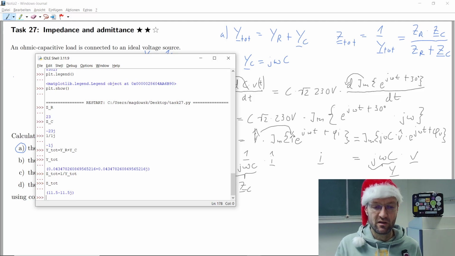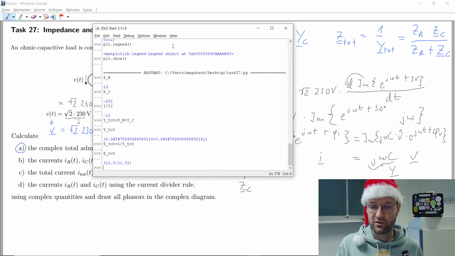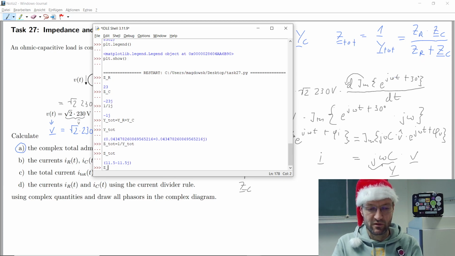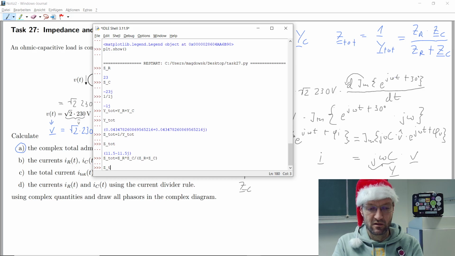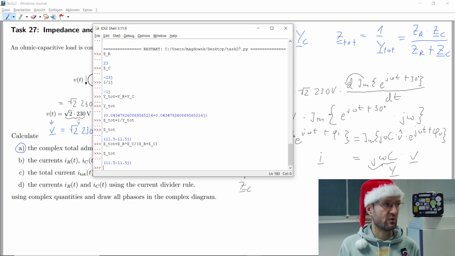And then we said, okay, if we use the other equation on top, the product of the impedances divided by the sum, we should get the very same result. So if I do it the other way around and say it's ZR multiplied with ZC divided by ZR plus ZC, product divided by the sum, and once again take a look at the result, we get the same one.